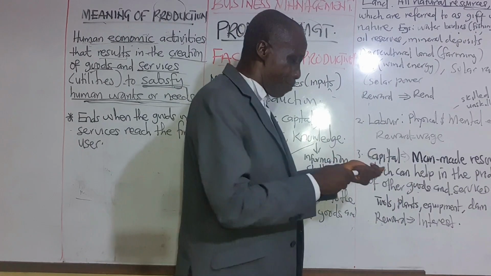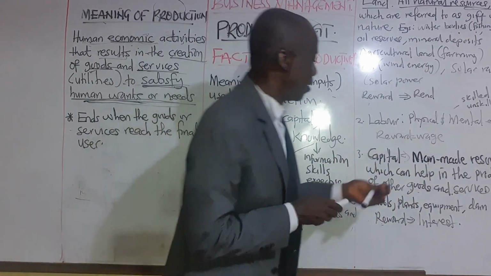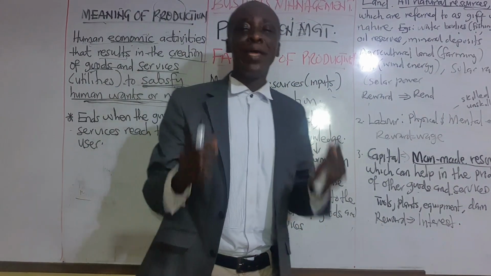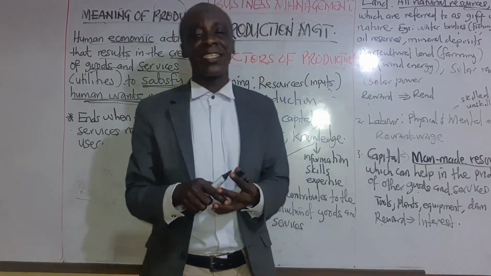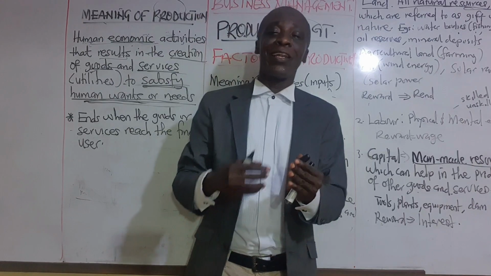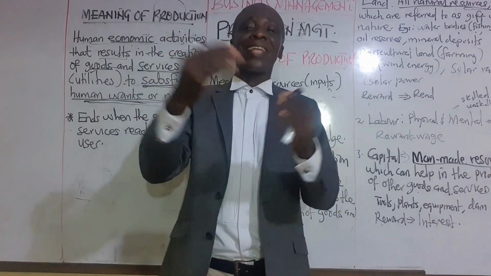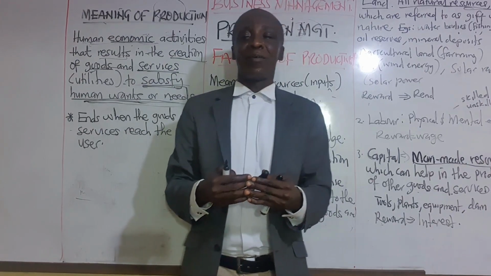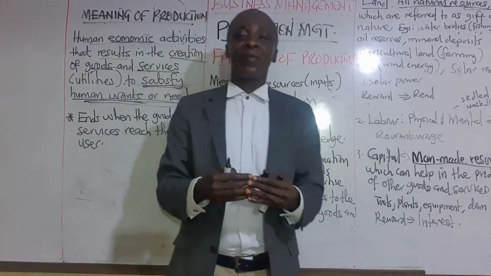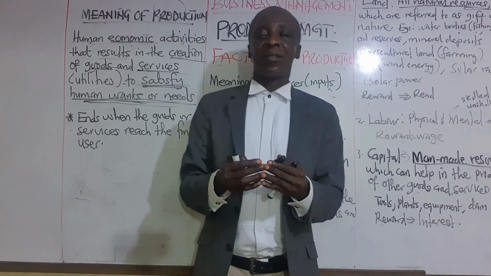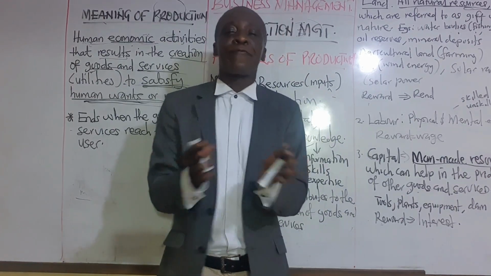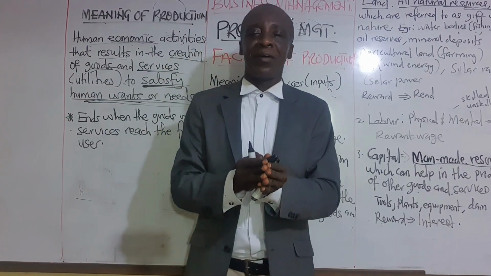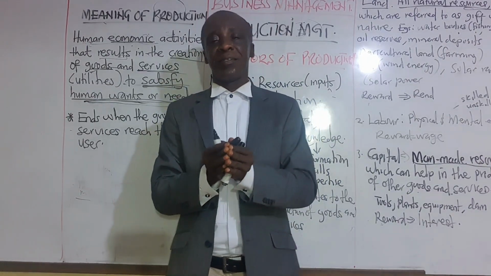So it is a man-made resource, which is used in the production, or in, let me say, in further production, because it might have been produced, but by itself it cannot have any meaningful use. You cannot use it, you cannot consume it.